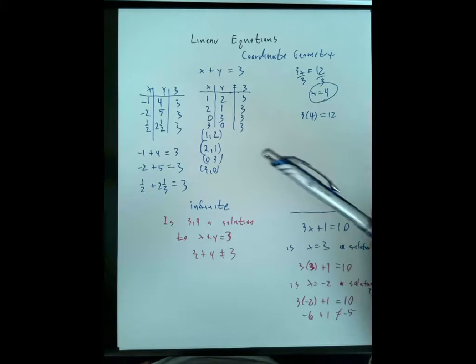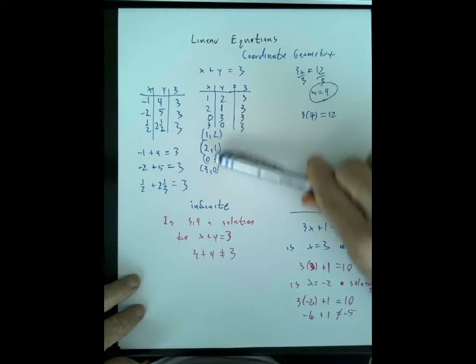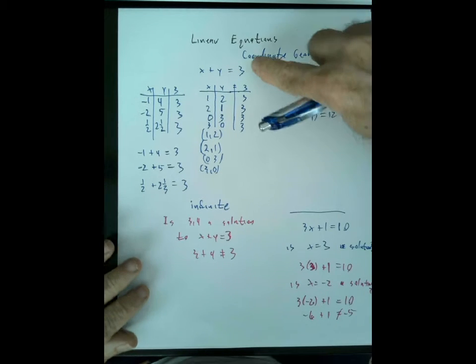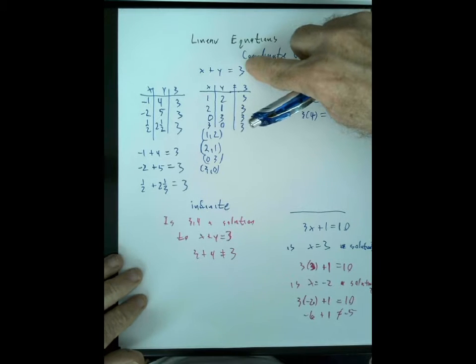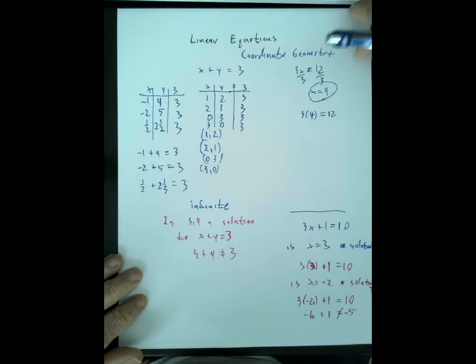So how do we go about thinking about or organizing or representing in our heads all those possible solutions? Well, these ordered pairs give us a clue. So we're going to work with this equation here, and we're going to use this table of values.